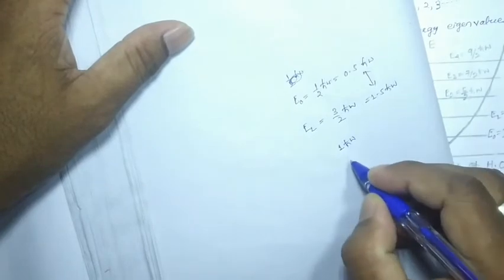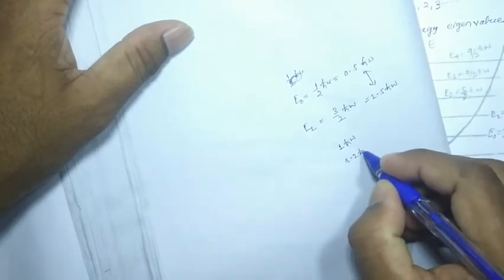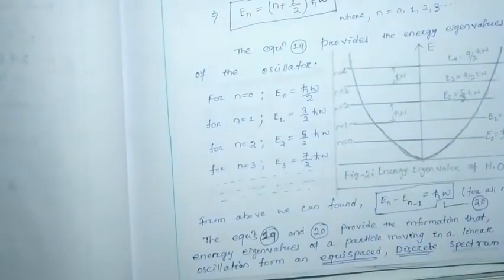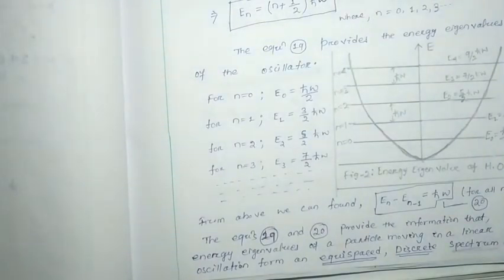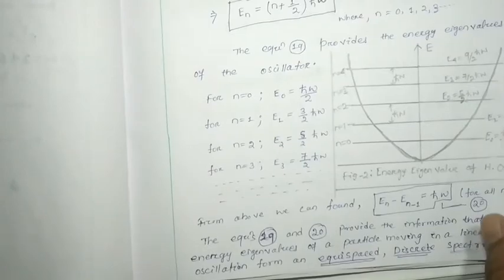In between, energy values such as 1 h cross omega or 1.2 h cross omega are not acceptable. That means intermediate values are not acceptable. Up to this much we have discussed in detail, so go through that video before you watch today's video.